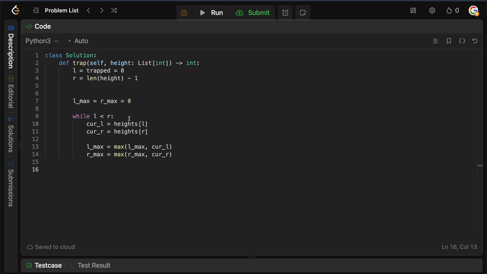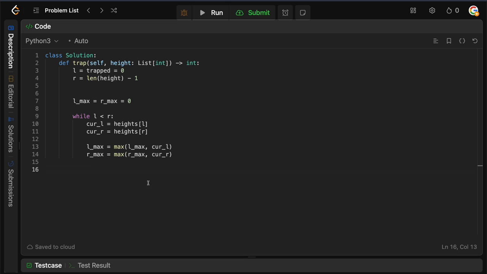Remember, if the left maximum is actually greater than the right, then we want to be moving the right pointer to the left so that we can potentially find a greater right value to trap with.